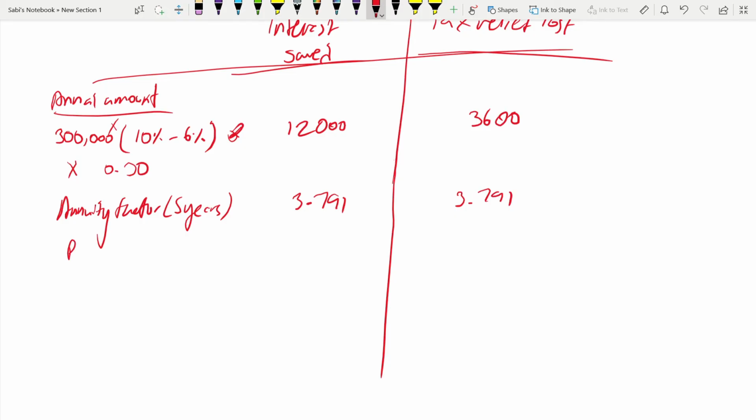Next, present value factor, discount factor. Which year? For interest saved, you do not have to find the discount factor, you do not have to bring it down to year 1. But for tax relief, you have to, because it's 1 year delayed.